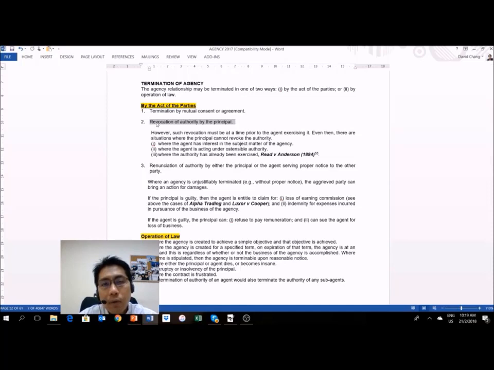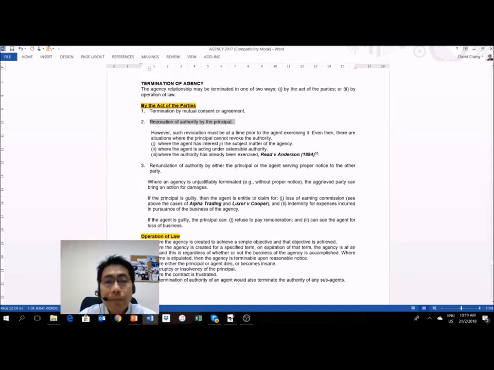No doubt, agency could be created by way of a contract, but still, the main basis of agency law is authority. The principal can authorize the agent. Similarly, the principal can revoke or take away the authority. And so this is what we see here now.